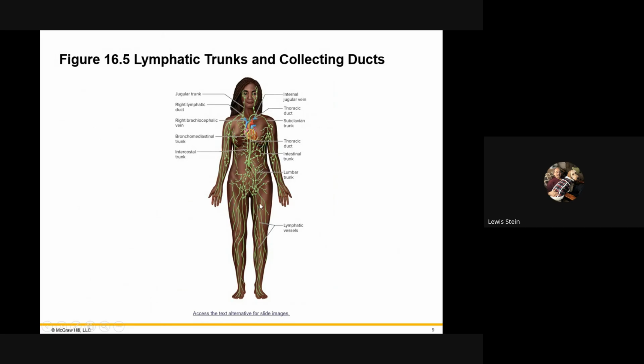This is showing you where all these lymph nodes are. There's large accumulations in areas based on proximity to where invasion could occur. Tremendous amount in the groin or inguinal area, here and here.